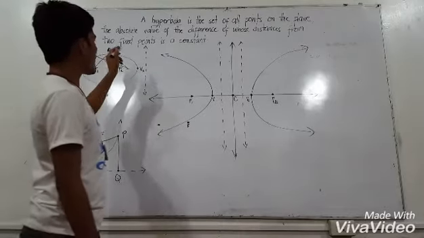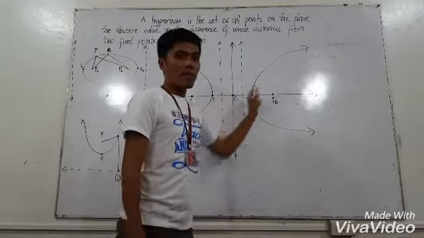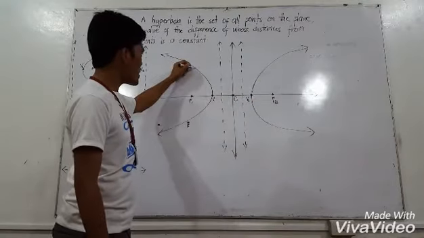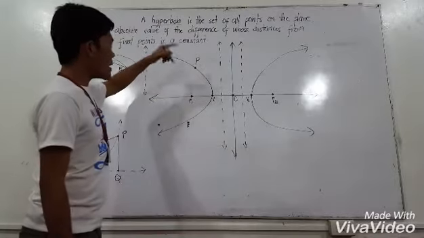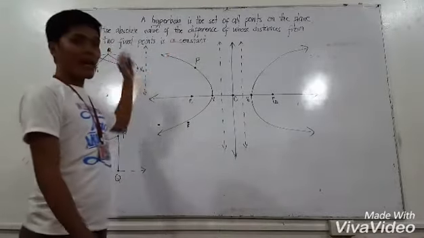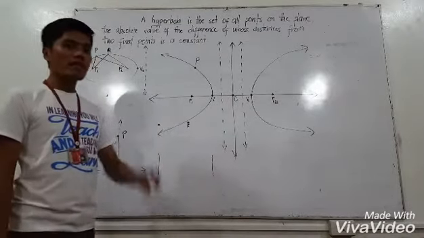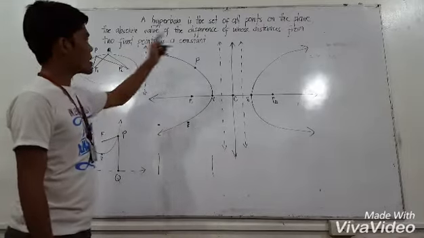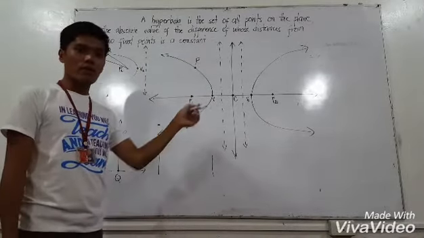Now in this case, class, take a look, these are the points of the hyperbola. If this one is point P, based on the definition, you have the absolute value of the difference between the distances from this point to the foci.